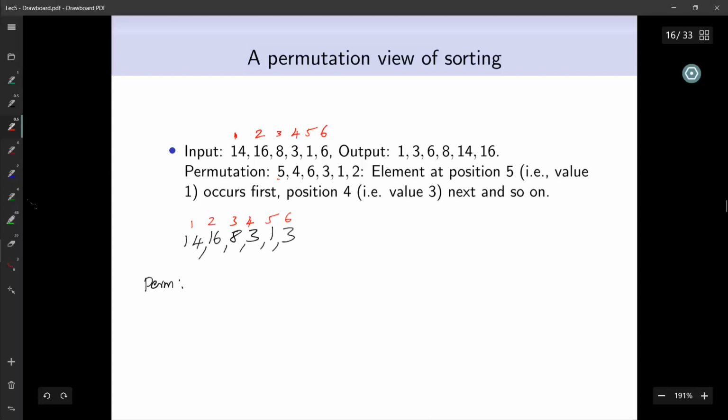So position 5, and then position 4, and then position 6, and then position 3, position 1, position 2. But there is also one more permutation, which is position 5, position 6, position 4, position 3, 1, 2. So both are valid.